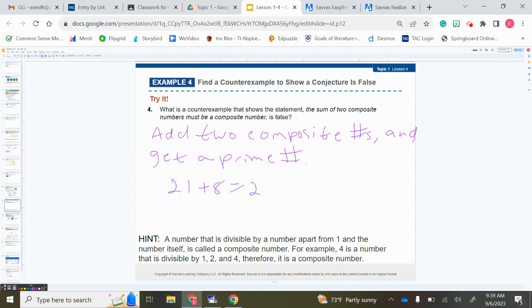That gives us 29. Is 29 prime? Yeah. We could do this all day, right? But did we just prove the conjecture false? Yeah, we only need one. She used 21 and 8. I used 4 and 9. Give me 13. Each one of you could have something different, and it's okay. You just need to prove it wrong, right? All right, so that's how we know that conjecture is false. And this happy fellow right here is our counterexample.